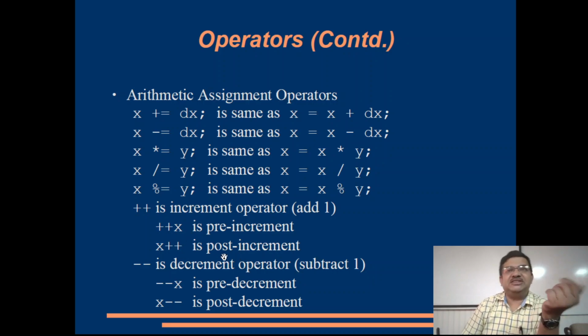So plus plus x, essentially x plus 1 replaces x, in both cases. Decrement is subtract 1. So 1 is subtracted from the identifier either before the use of the identifier or subsequent to the use of the identifier in the expression. So pre-decrement and post-decrement.